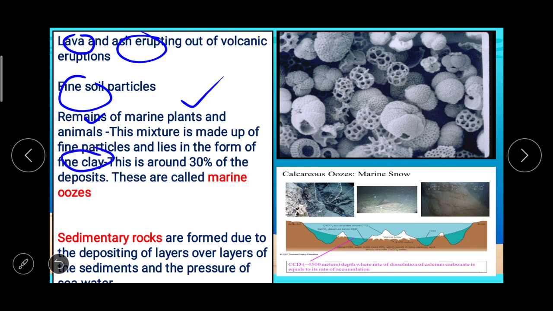This is around 30% of the deposits, and these are called marine oozes.